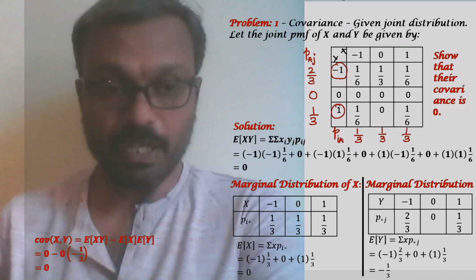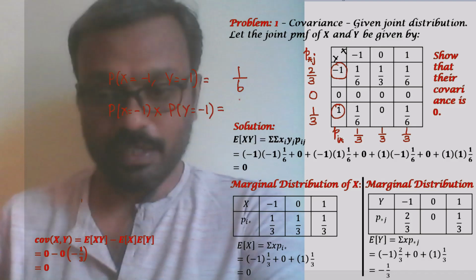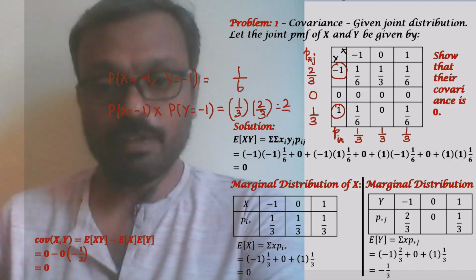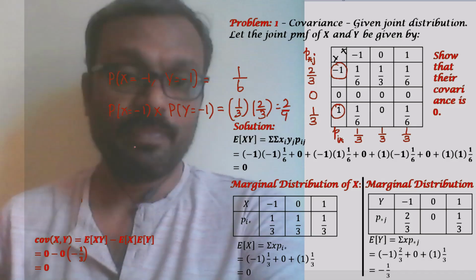But P of x is equal to minus 1 into P of y is equal to minus 1 is equal to 1 by 3 into 2 by 3, that is equal to 2 by 9, which is not same as their joint probability. So we can say x and y are not independent, though their covariance is 0. If covariance is 0, x and y need not be independent.